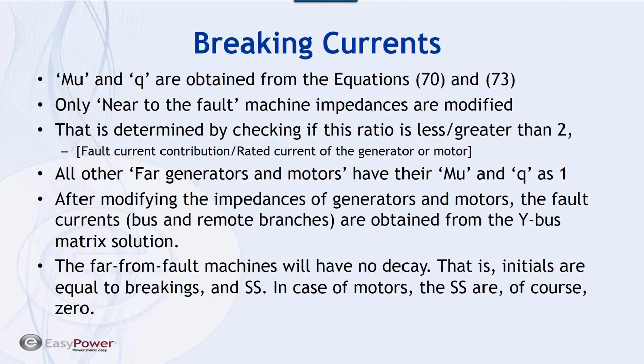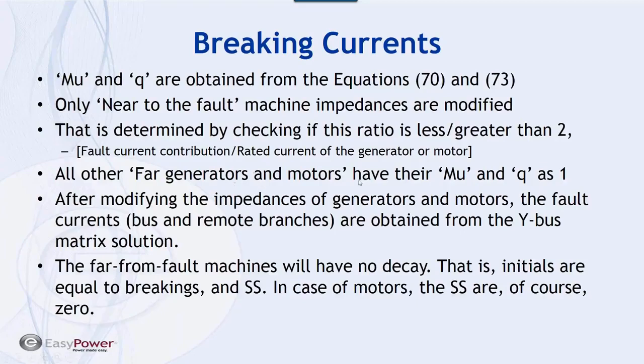Imagine that would be a generator or a motor which has a lot of impedance between the terminals of the machine and the fault point. Those impedances do not allow the machine to see and contribute directly. Of course it will contribute, but it won't contribute significantly, which in other words, IEC and Easy Power, following IEC rules, considers it as a far from fault machine, and then it's not going to modify the initial impedance values, resulting in seeing no decay from that machine.